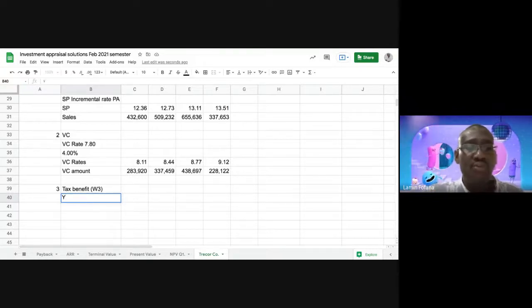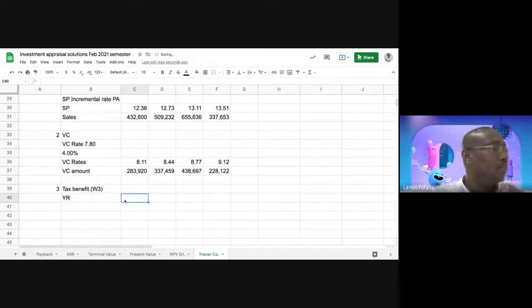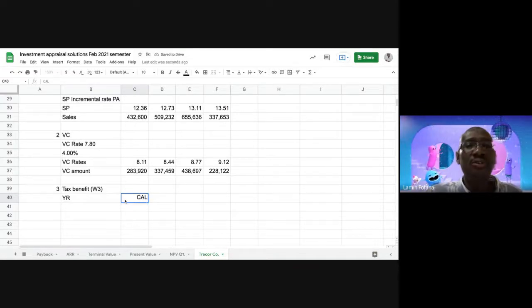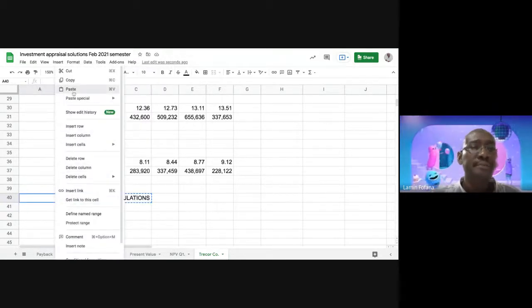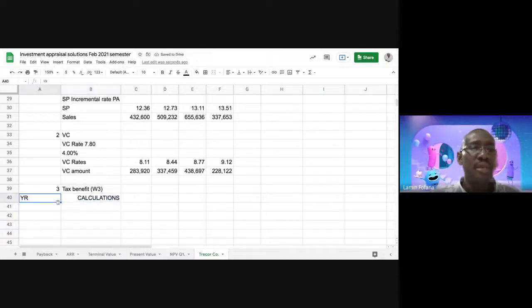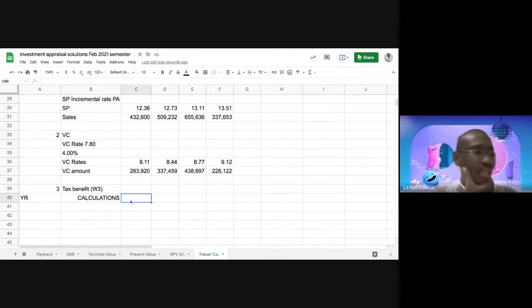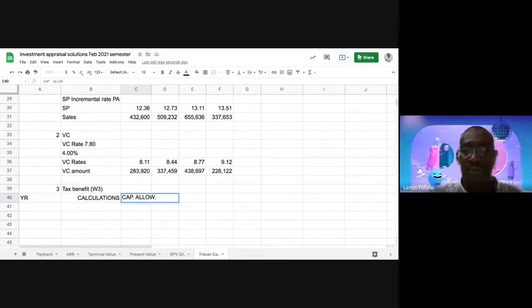So the first column will be our years, and we will do our calculations on the next one. Just to make it simple for you, let me cut this off and paste it here so I can have more space. This will be our year, this will be our calculations. The next column will be our capital allowances, CAPALLOW, I'll abbreviate it.